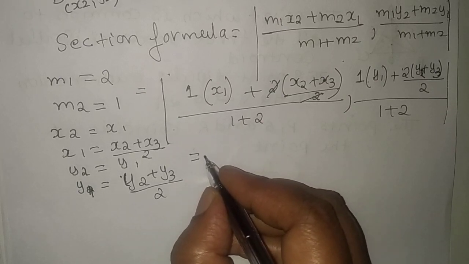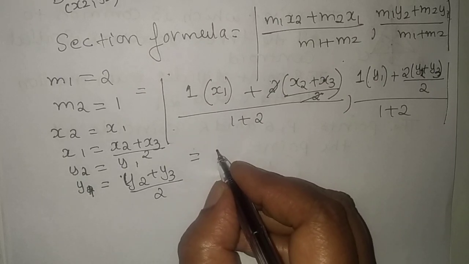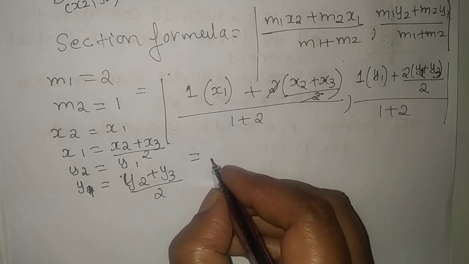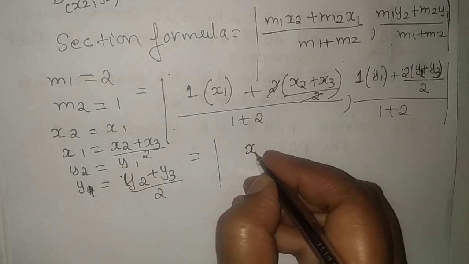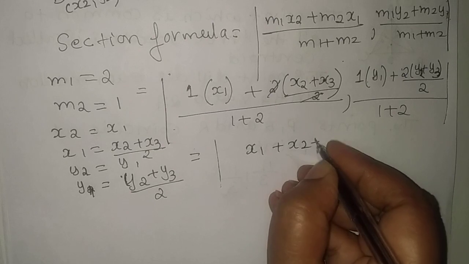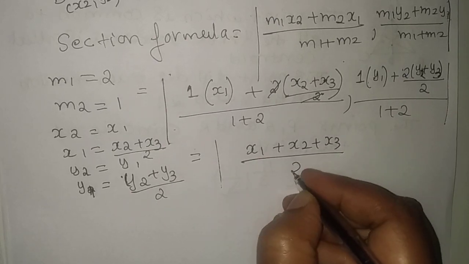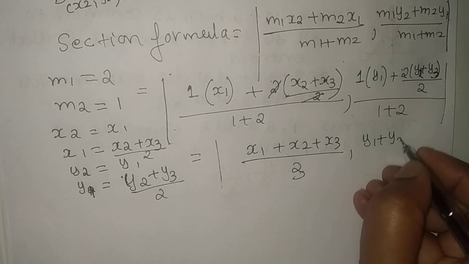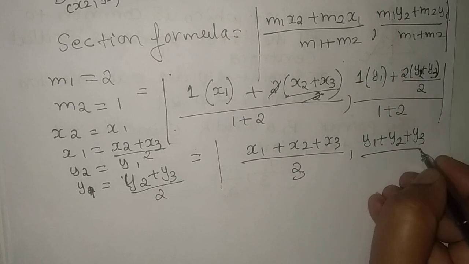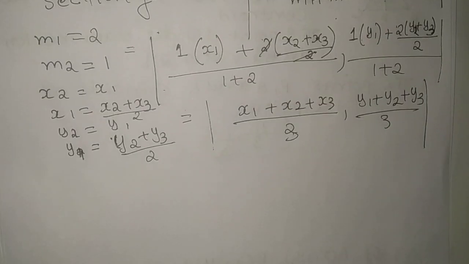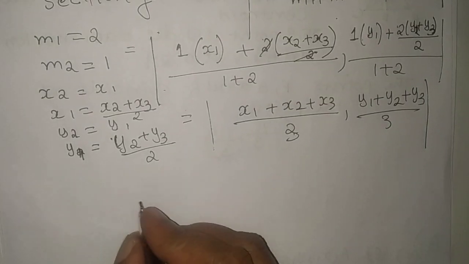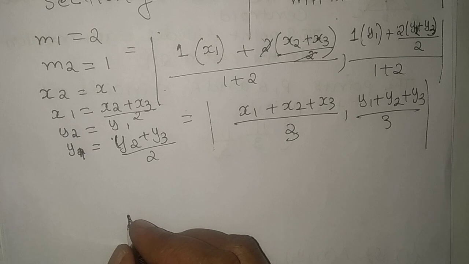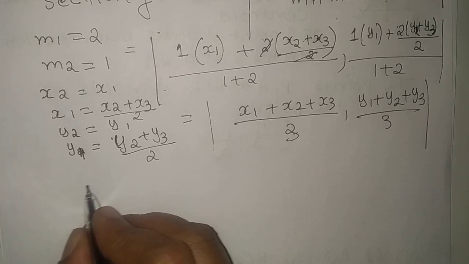Now we get x1 plus x2 plus x3 by 3, y1 plus y2 plus y3 by 3. So now next, similarly we get the coordinates of the point E also, same thing.